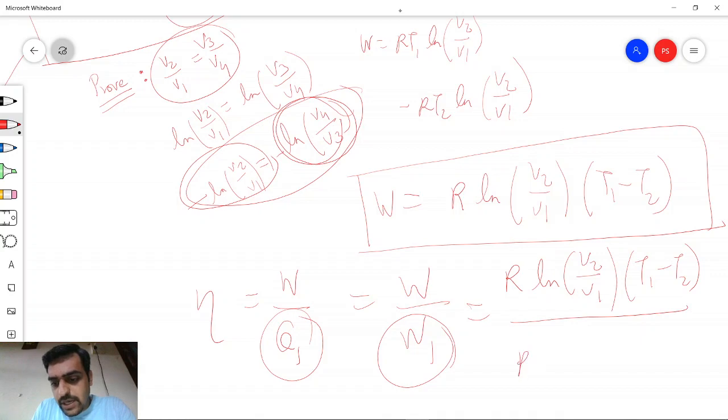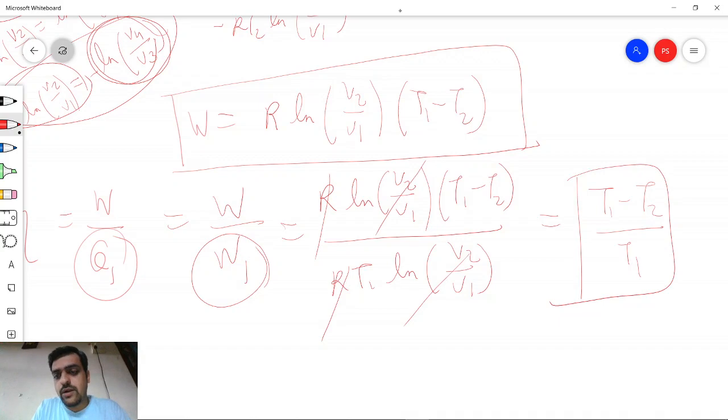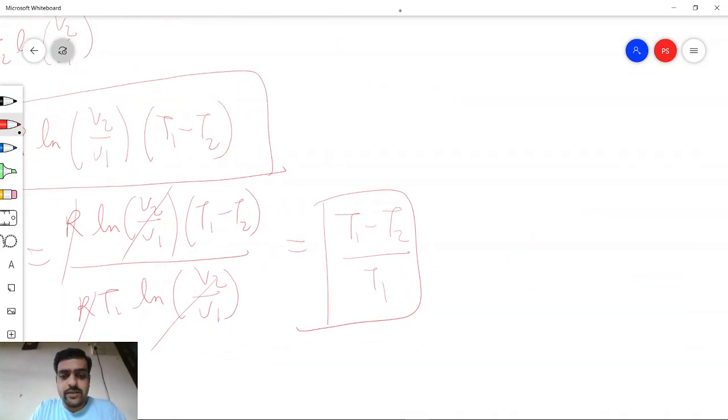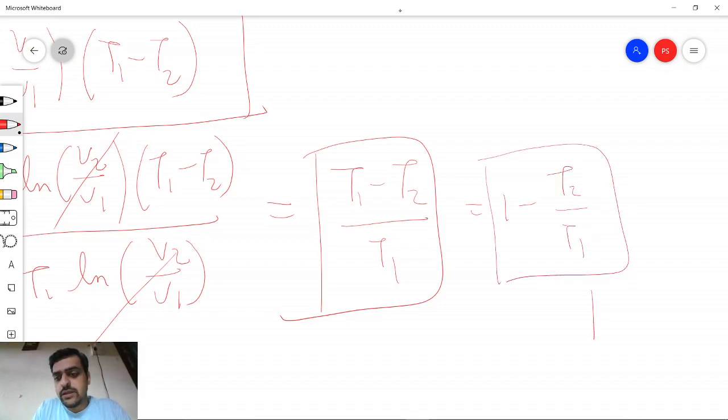It is nothing but R T1 log of V2 by V1. So all these terms get cancelled, and what remains is T1 minus T2 upon T1. That's it. Or if we simplify it further, it is 1 minus T2 upon T1. T1 is the source temperature, T2 is the sink temperature.